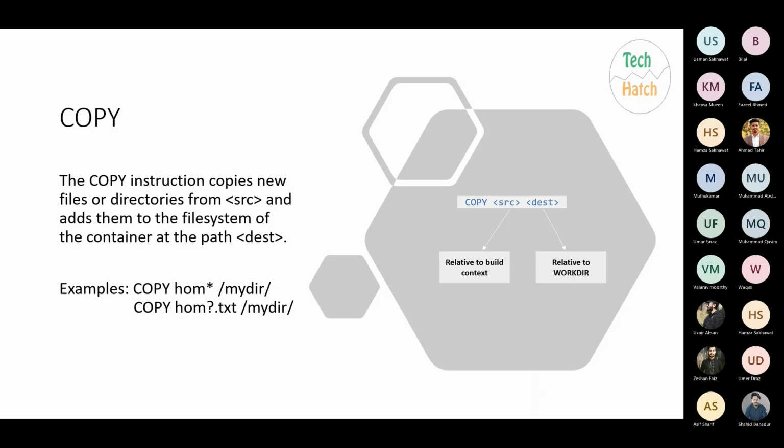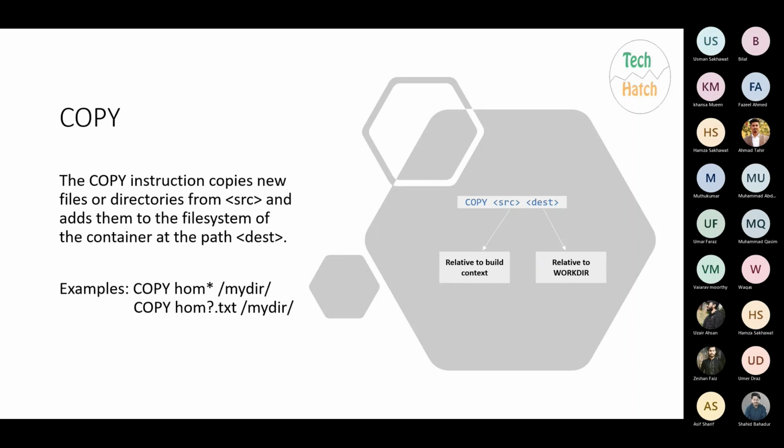Okay, so we have different examples also. All of this content I have compiled from the official references from Docker, so you can easily go through those references to understand these examples. I have an example where I'm copying files that start with HOM, three alphabets, to my destination directory.